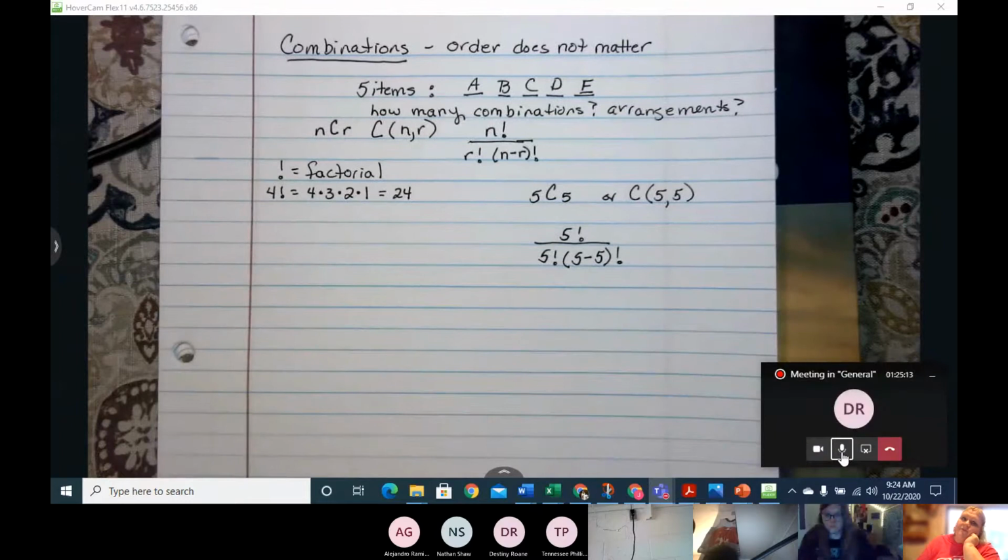Now, for those of you who've purchased your calculators, you should have a combination key on your calculators. The TI-30s have that, or your TI-84 calculators have that.